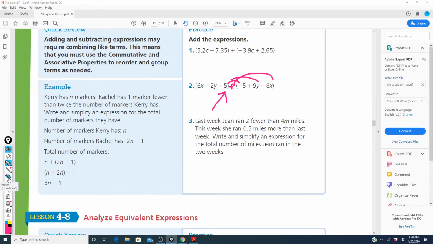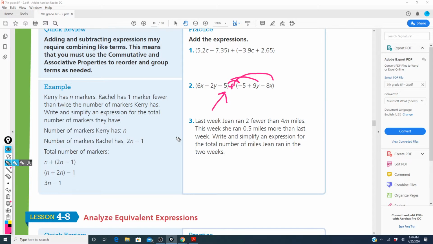Let me get to number three here. When we look at number three, we see: last week, Jean ran two fewer than 4M miles.